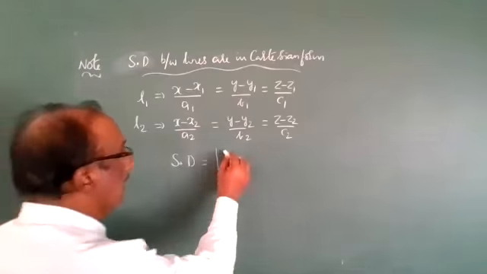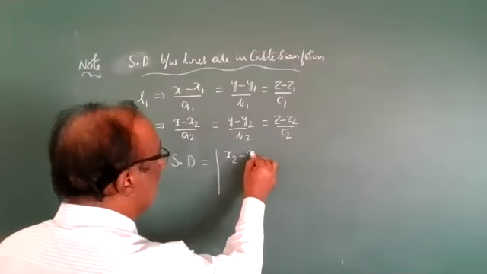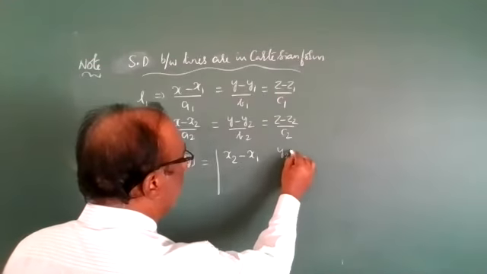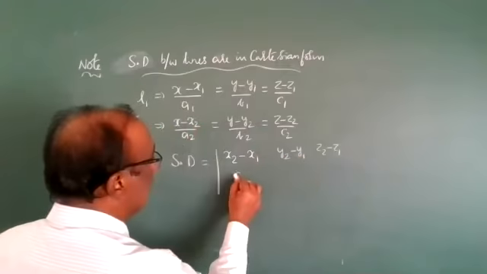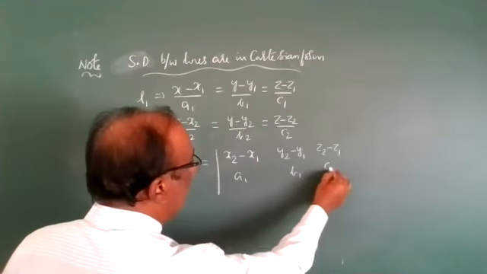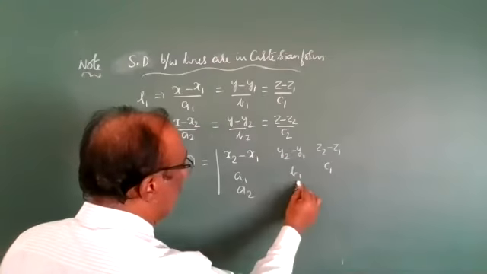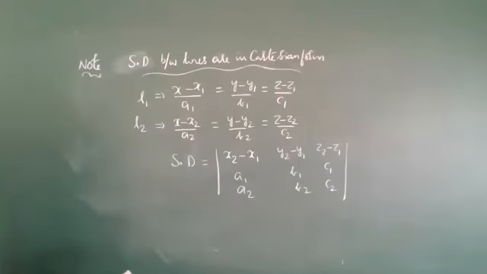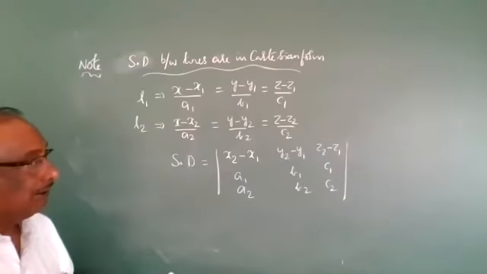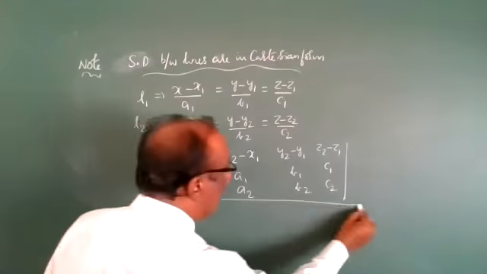So the first row is x2 minus x1, y2 minus y1, z2 minus z1. Next, the direction ratios a1 b1 c1 and a2 b2 c2. This is the shortest distance we are going to find, by modulus.